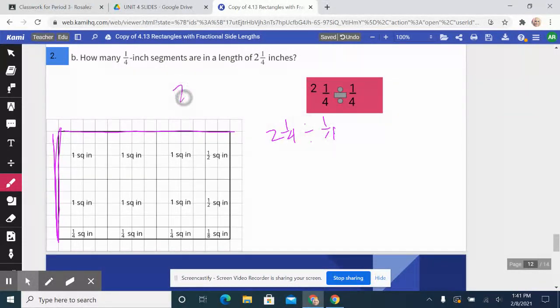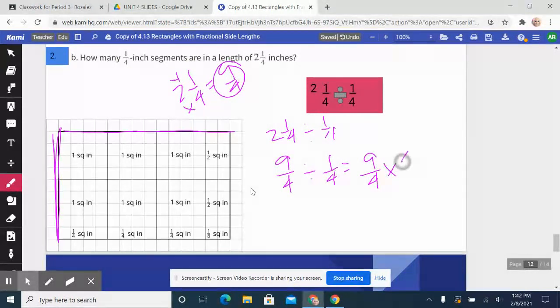Remember, 2 1/4: you need to multiply and then add the top. So 2 times 4 is 8, plus 1 is 9. So the improper fraction you're using is 9/4. So this becomes 9/4 divided by 1/4. You know that you need to keep, change, flip.